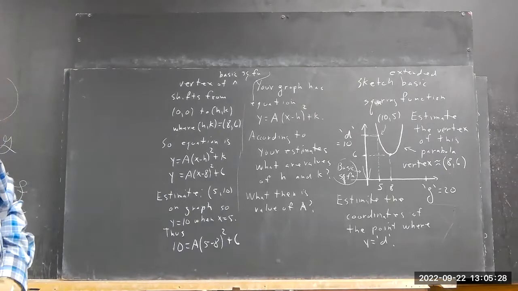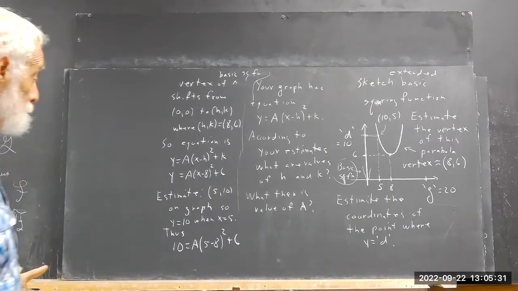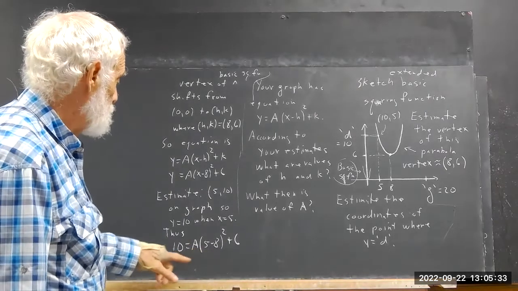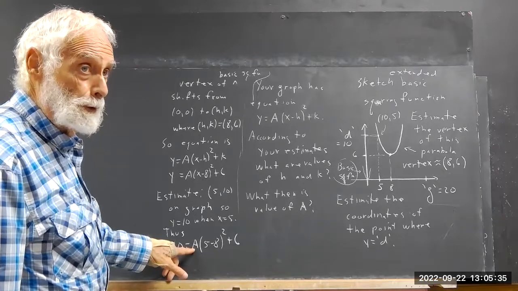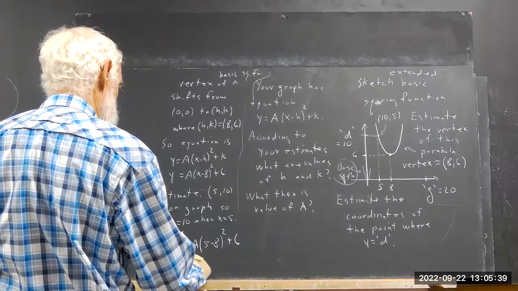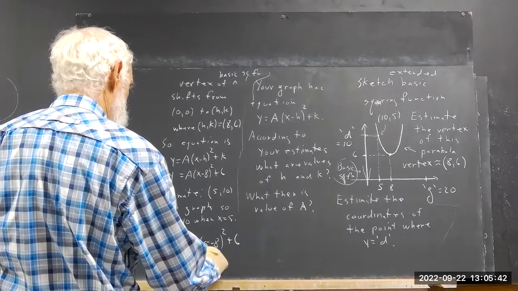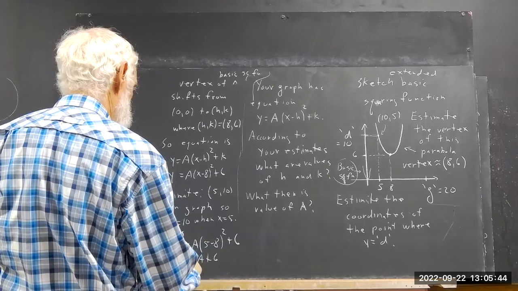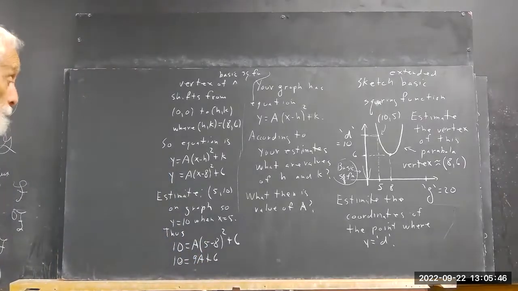Get this. Very straightforward. X is 5, Y is 10. And now the only thing we don't know is A, and we just do the arithmetic. 10 equals 9A plus 6.